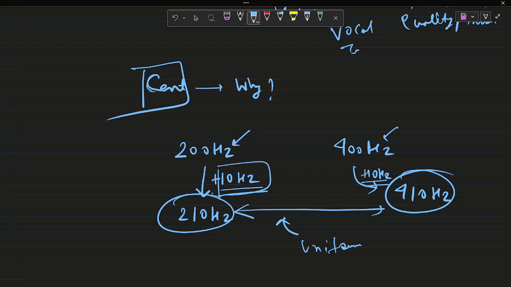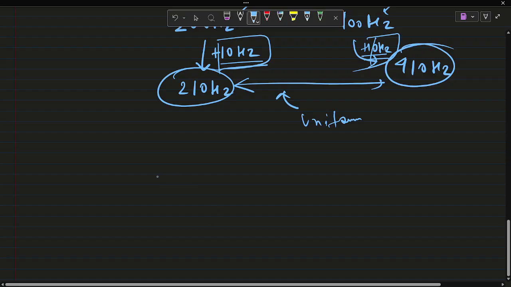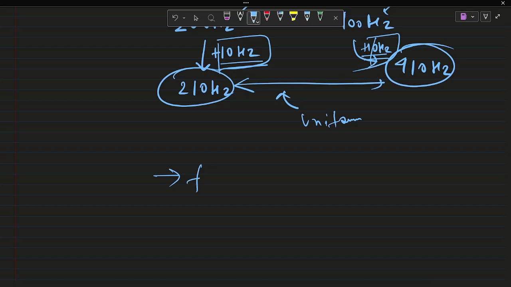This is the same quantity or value, but the perception may not be uniform, because the human ear is not based on the frequency difference.